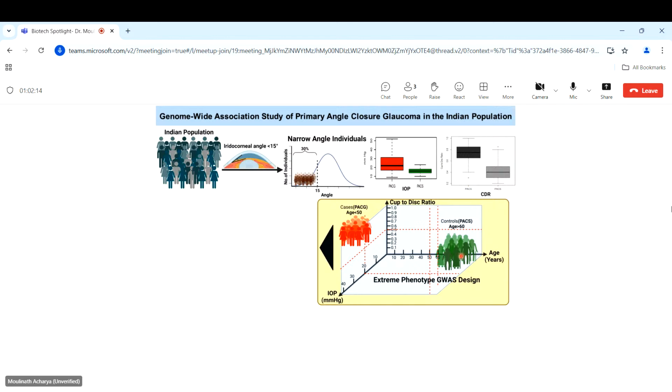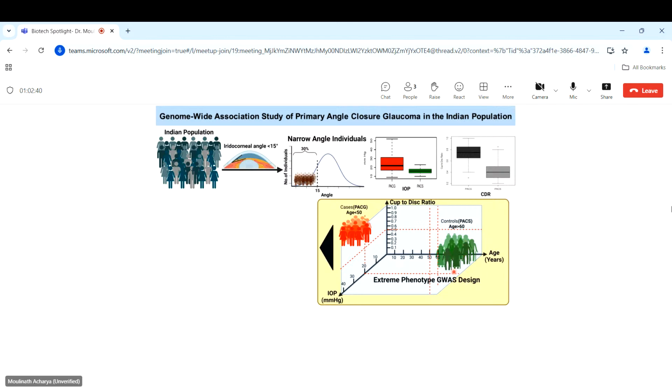Now, the question comes, how would we get these individuals, because these individuals will not come to the clinic. They are normal individuals, right? So, yeah, absolutely, they would not visit the clinic for their eye problem, but at the age of 60 years, there is another problem called cataract, and that happens. So people often visit the ophthalmology clinic for cataract testing.